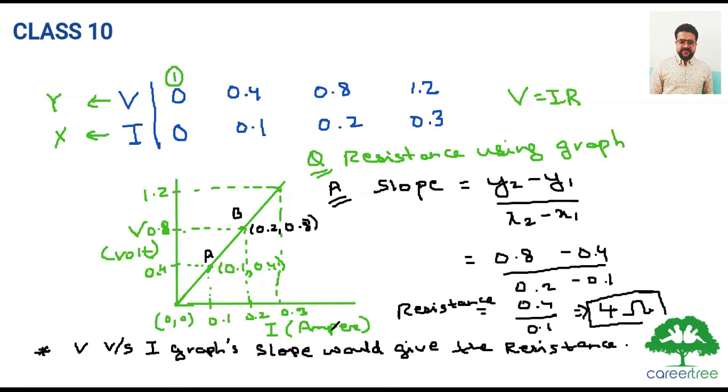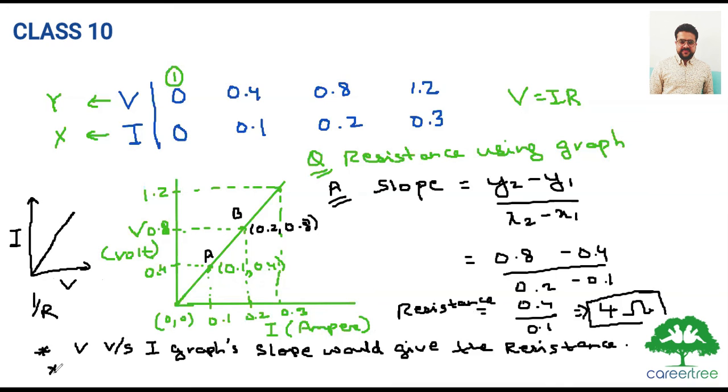Now if I would have plotted the same graph but inverted, that would mean if I would have taken I on the y-axis and V on the x-axis, this would still come as a linear line. Now if I try to find the slope of an I versus V graph, that would give me the reciprocal of resistance, which is 1 by R.